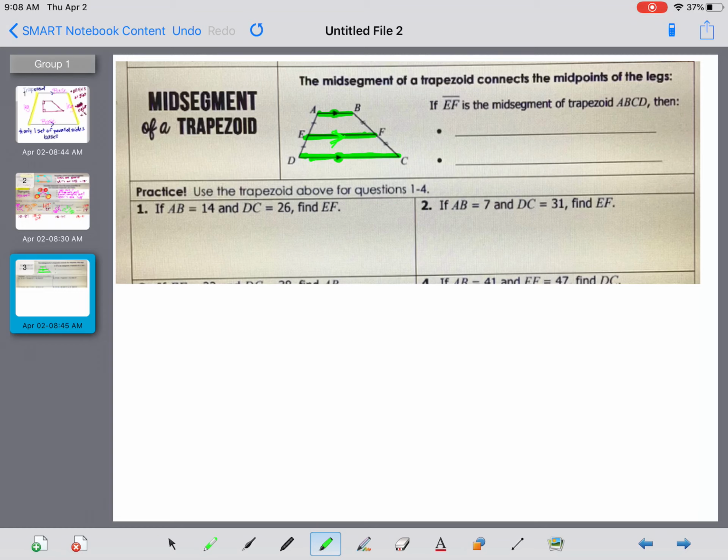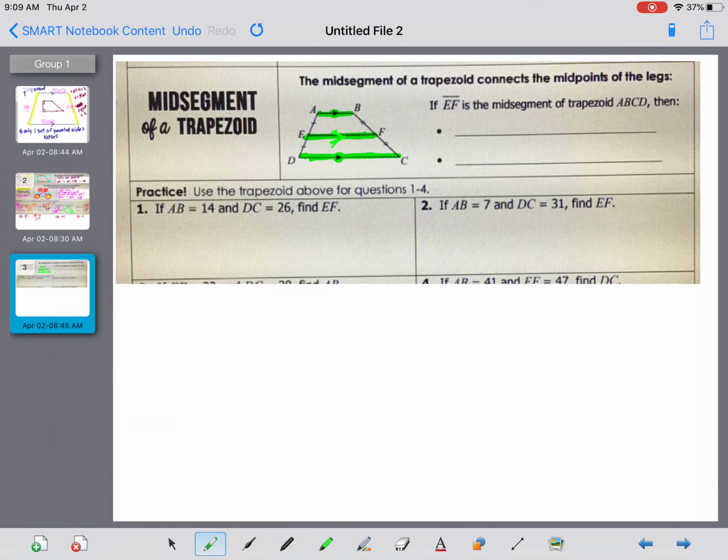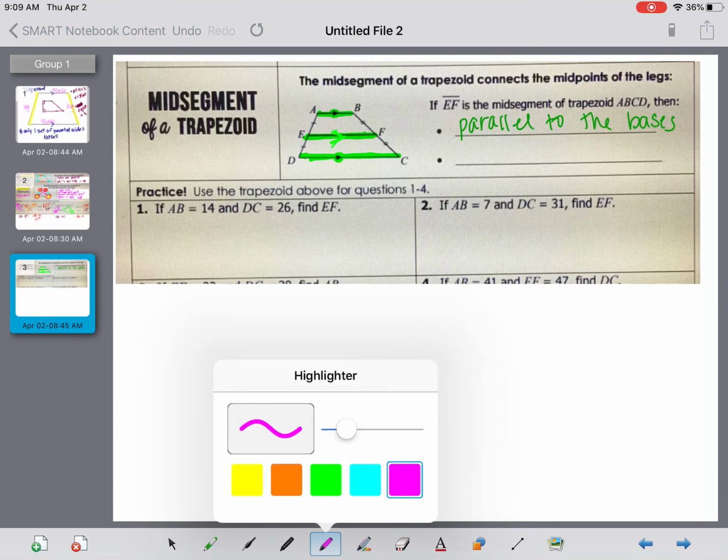So our bases here are AB and DC, and we know that because we can see the little parallel marks right there. And the midsegment is drawn in the middle of those two, EF, and it's parallel to the bases. So the first thing that we're going to write here on our properties is that the midsegment is parallel to the bases.